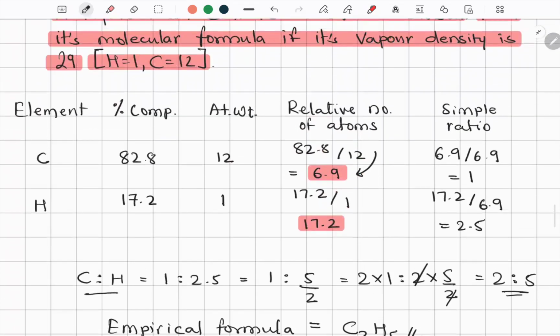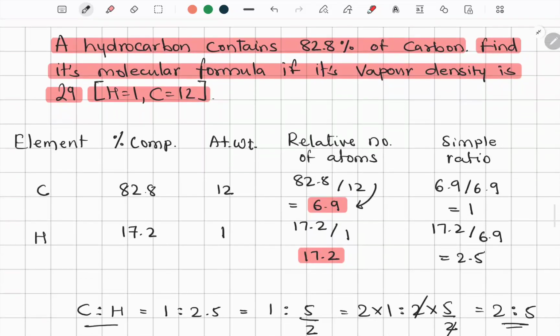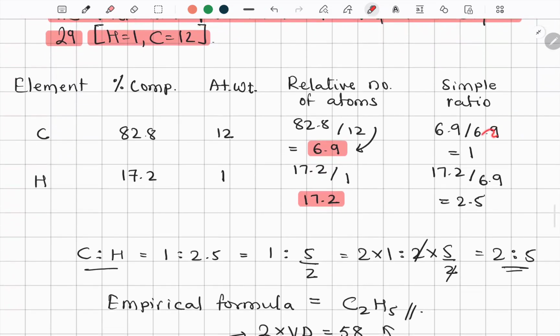Let's once again go through this question. It was simple. It was asked that it's a hydrocarbon. It contains 82.8% carbon. That means the remaining 17.2% is our hydrogen. It was asked to find the molecular formula if its vapor density is 29. We first calculated the simple ratio by dividing the percentage composition by atomic weight, and then dividing the relative number of atoms by the smallest digit.